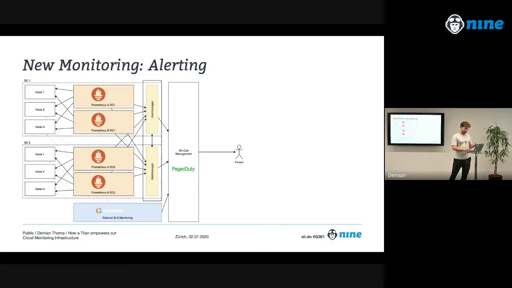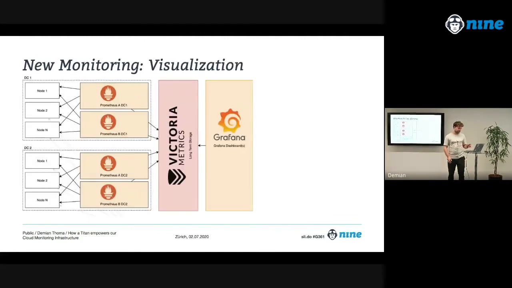And the good thing here now is, because Prometheus is a time series database, we don't need completely different infrastructure for visualizing the data, but we can use the same part for getting the data.